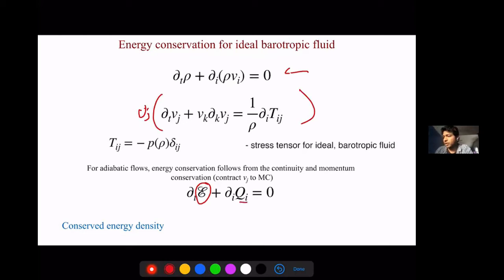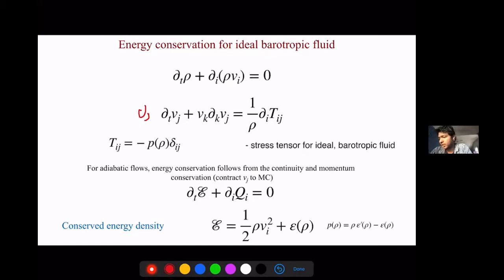And it turns out that the conserved energy density is what you would have expected here. This conserved energy density is half rho V_i squared plus the internal energy density, which is only a function of rho. And this internal energy density is related to the pressure via this relation, which is just the equation of state for this ideal barotropic fluid.